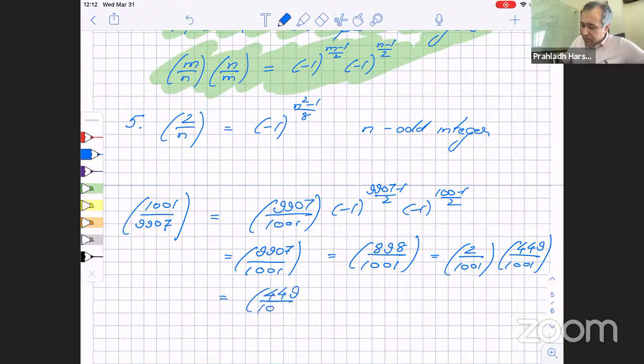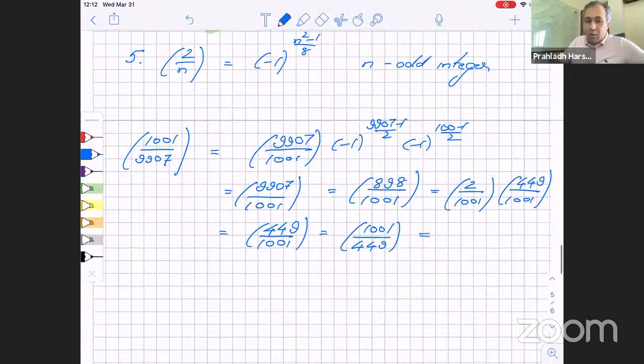So this is just (449/1001). Now once again you flip. This is (1001/449) times certain minus ones. You'll realize that the minus ones give 1. Therefore, this is just this. But once again, now you can further reduce it. This is (103/449).